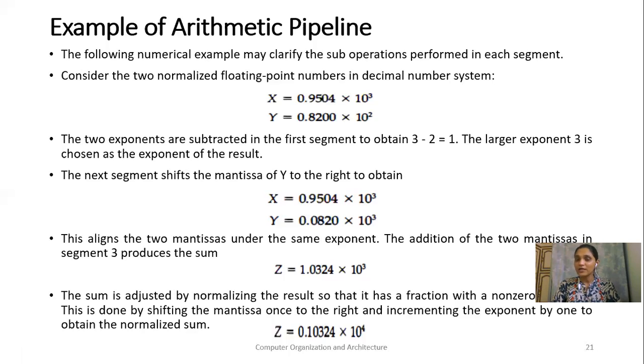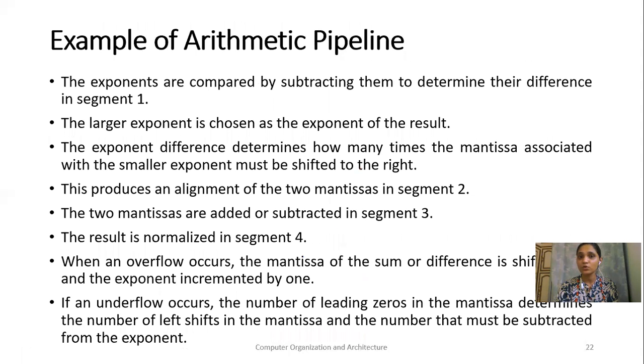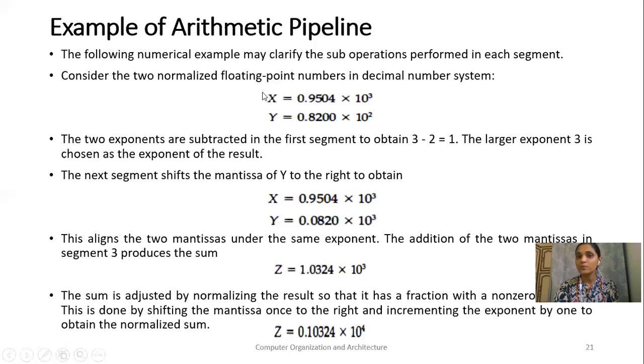Whenever you want to divide this arithmetic task in a pipelined manner, you require four segments. In the first segment, you compare the exponent terms, and according to requirement, you decide which exponent you are going to use as your result's exponent. In the second stage, you adjust your Mantissa terms, that means you do some shifting operation.